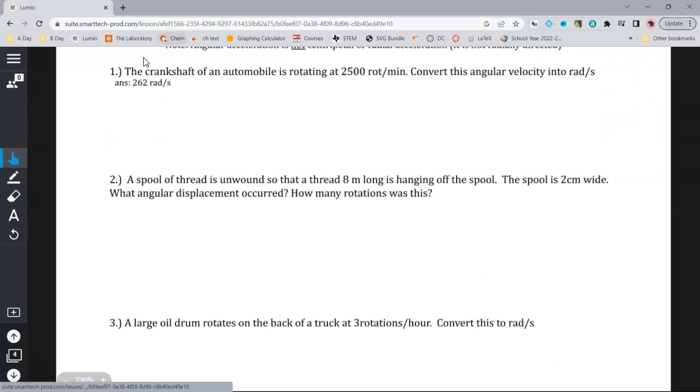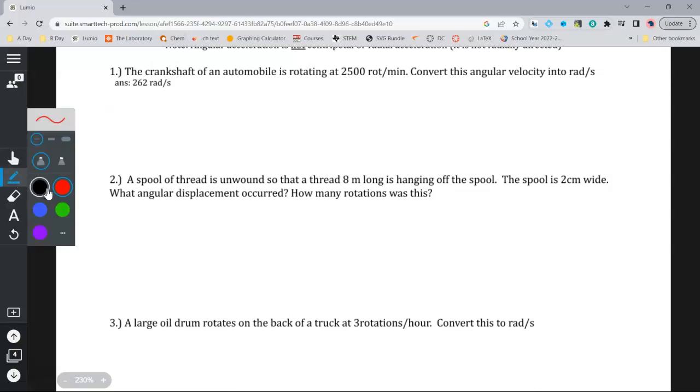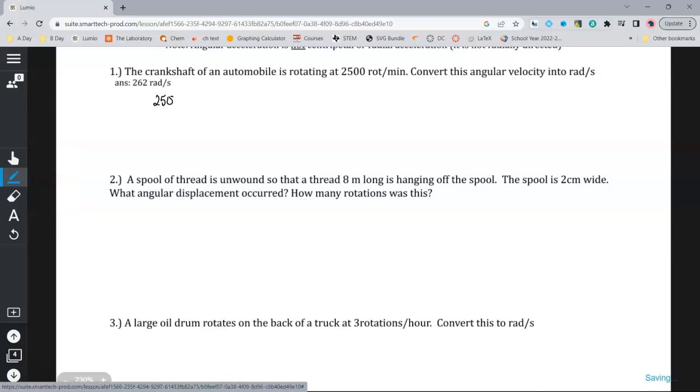Here we have a crankshaft on an automobile that is rotating at 2,500 rotations per minute, and we want to convert that into radians per second. So we have 2,500 rotations in 1 minute. Now, one rotation is 2 pi radians, and 1 minute is 60 seconds.